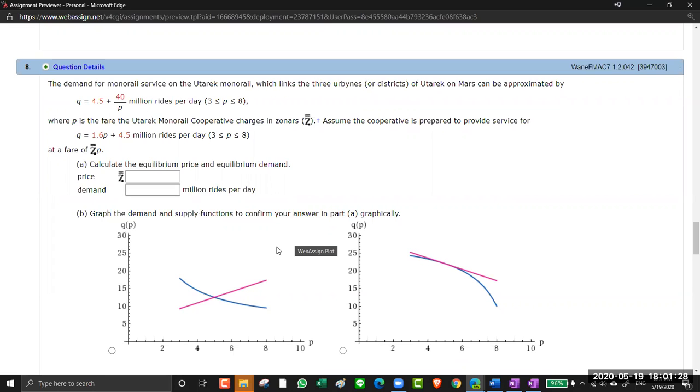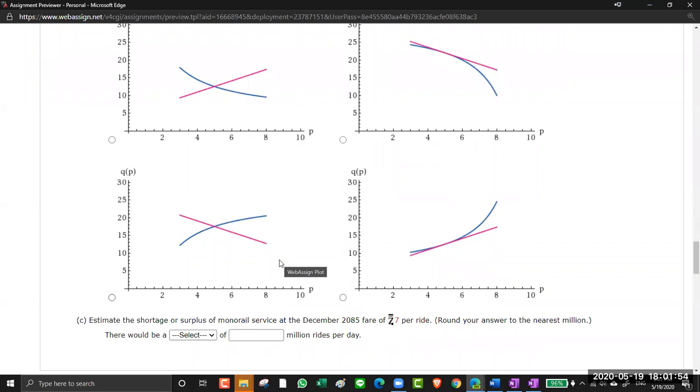I didn't do this, but I can at least see that this one is downward sloping, right? In other words, as P increases, Q will decrease. And this one is upward sloping. So it's probably not going to be this one because both of these are downward. It might be this one. So we can say it's between one of these two.